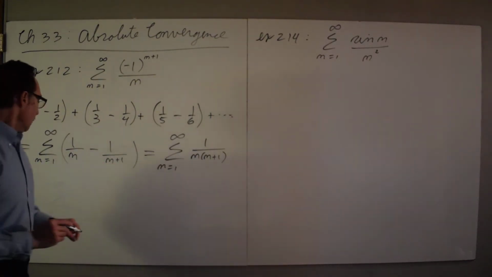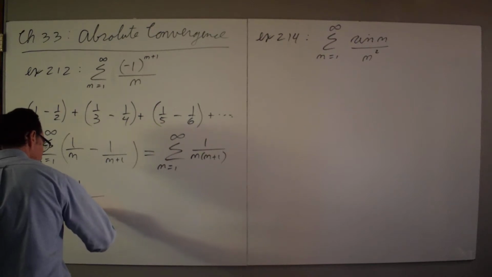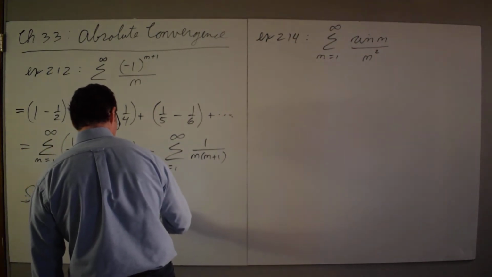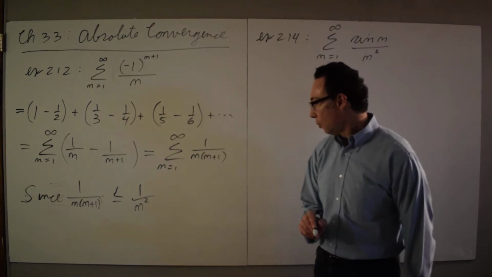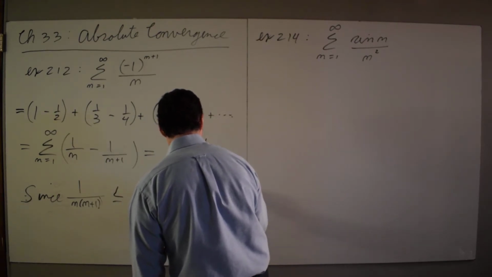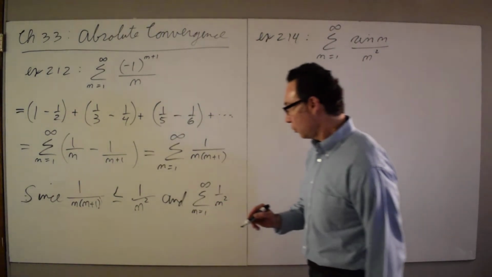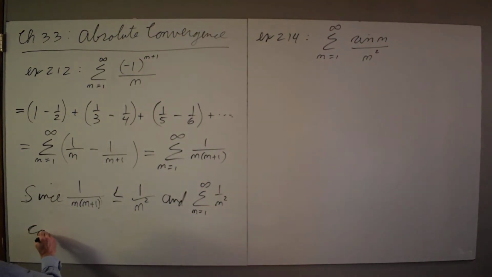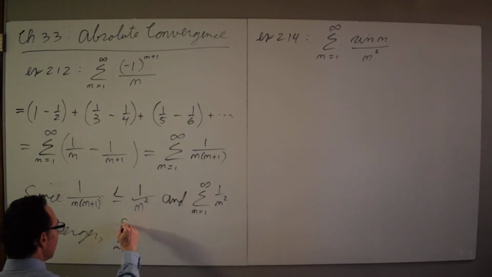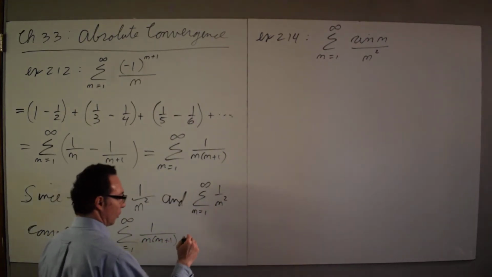Now, since 1 divided by n times n plus 1 is less than or equal to 1 over n squared, and the sum of n equal 1 to infinity of 1 over n squared converges, the series n equal 1 to infinity of 1 divided by n times n plus 1 converges.